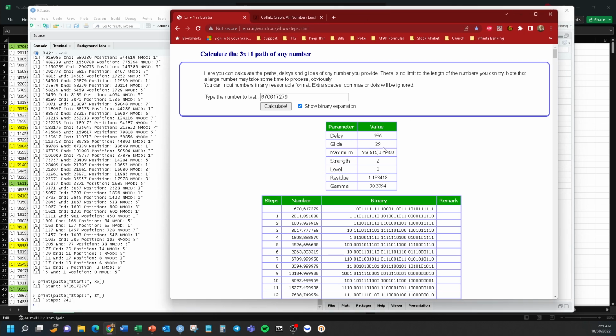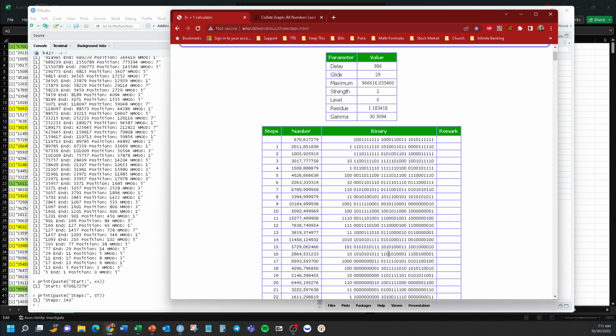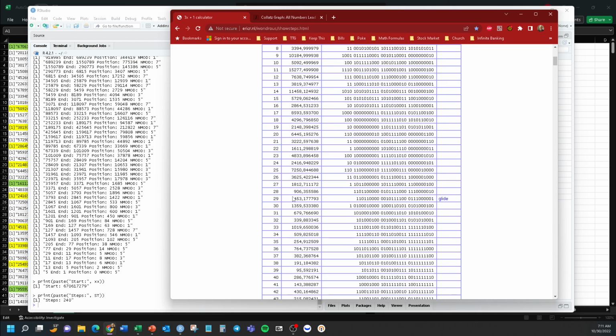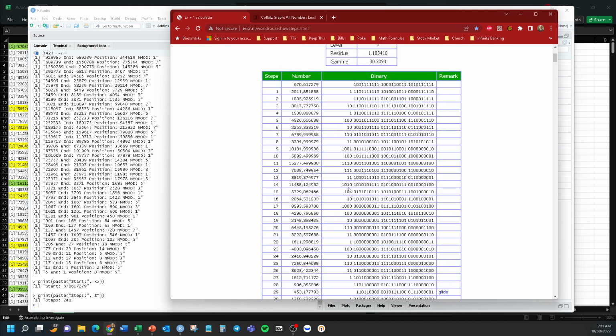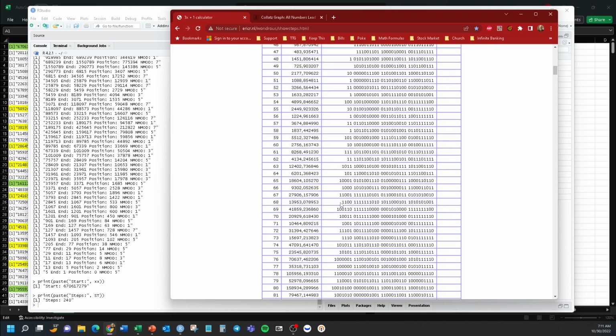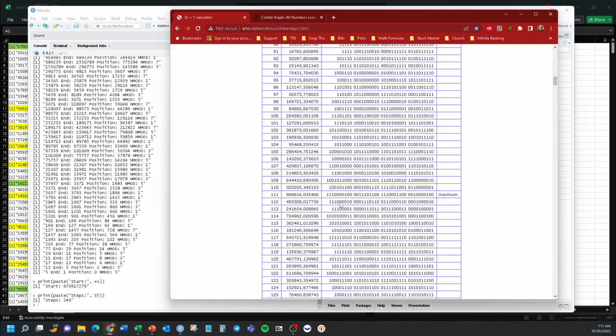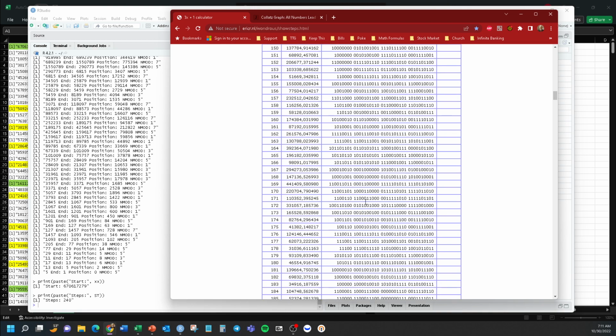Its glide is 29, so right off the bat, it's 29 steps in, it's below itself. But at some point, it goes higher, right? So the maximum number is right here at 111 steps.